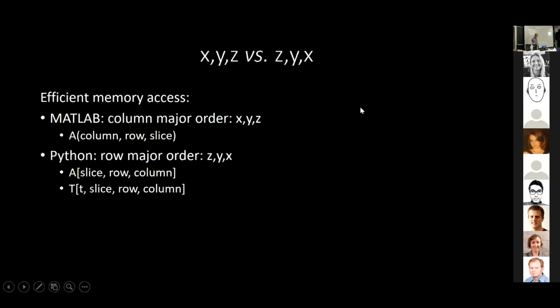Well, you just have to handle it and say that the most efficient way to use the memory of your computer is to follow what your programming language forces you into, more or less. So when in MATLAB you address a volume like column, row, and slice, then in Python it would be opposite. That's how you have to think about it.